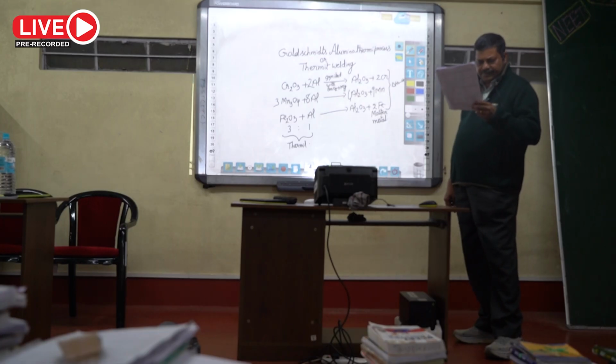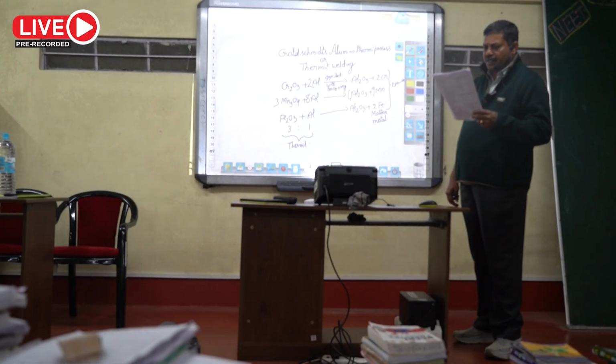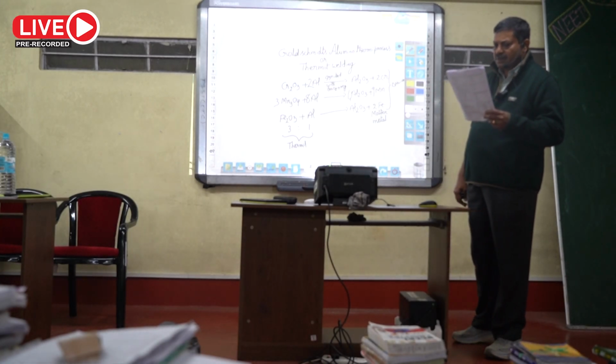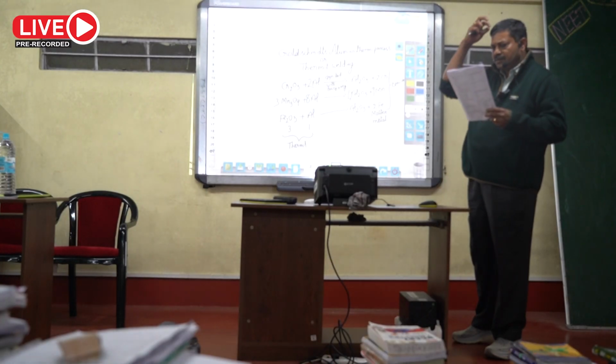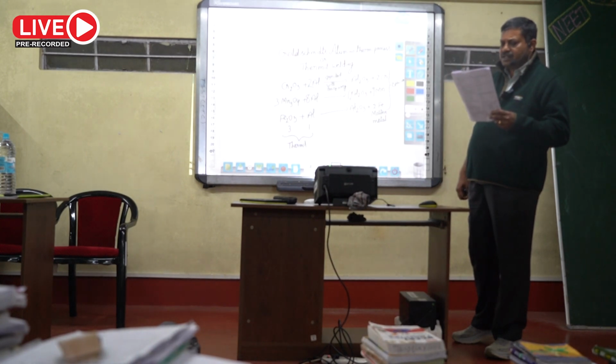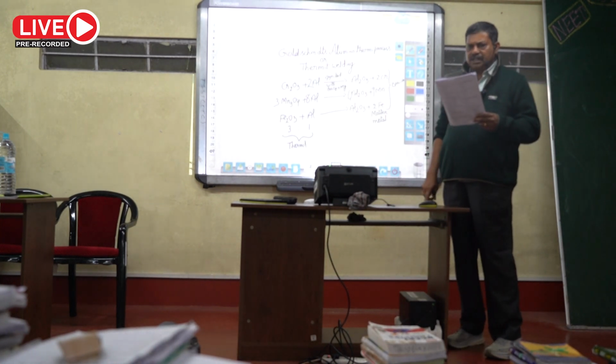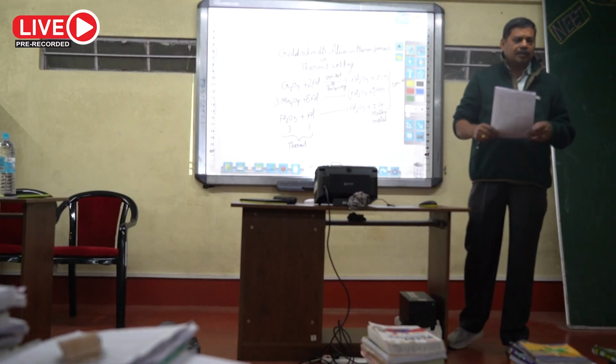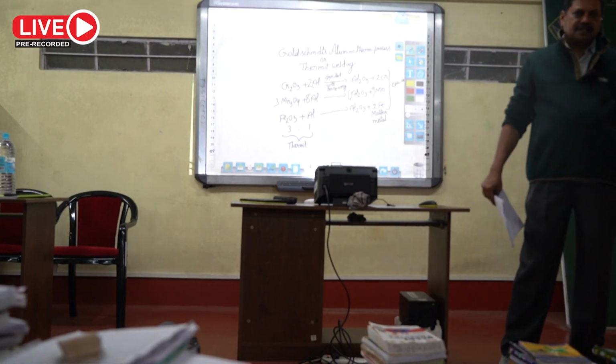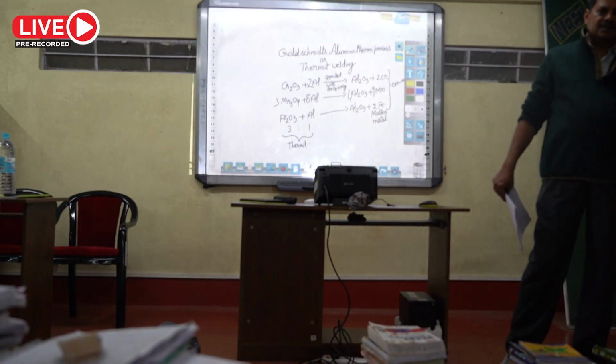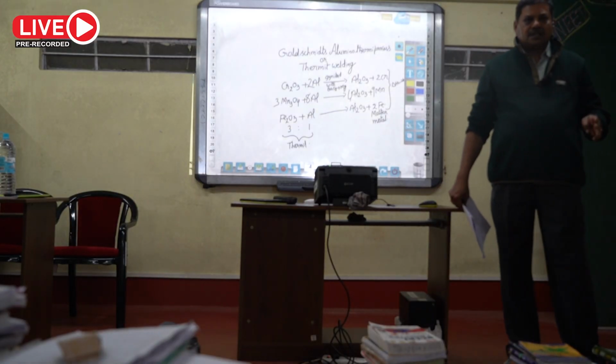The next one is again out of syllabus, chemistry in everyday life. What is the IUPAC name of the organic compound formed in the following reaction? This we discussed the previous day. Formaldehyde plus Grignard reagent followed by hydrolysis gives primary alcohol.